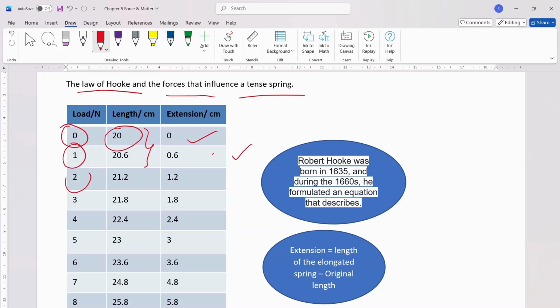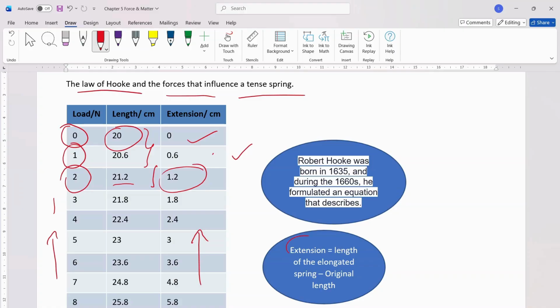Similarly, when the load further increases to 2, the length further increases from 20.6 to 21.2, hence the extension is now 1.2. As you keep increasing the load, the extensions also keep increasing.